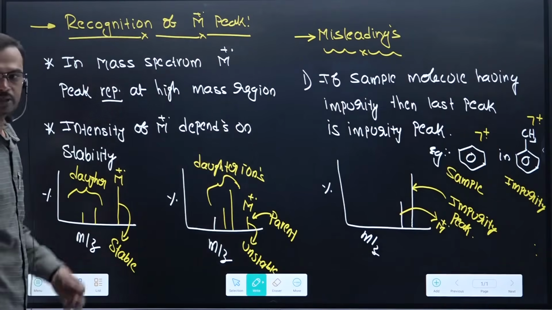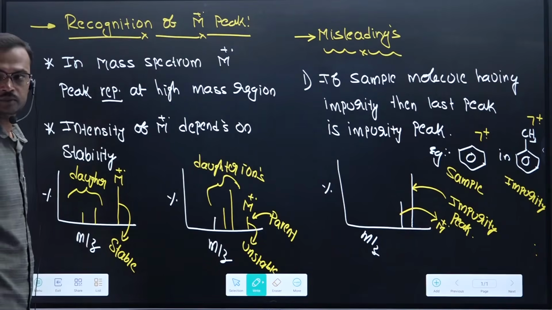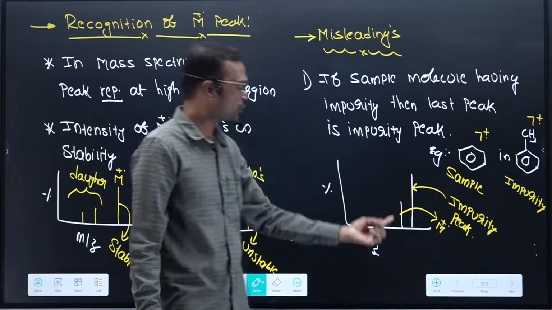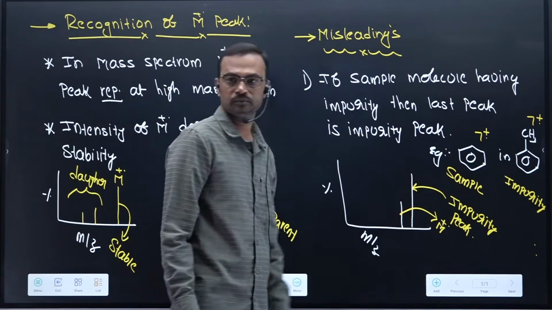What is the M value of benzene? 78. The M value of benzene is 78. So here this is not appearing at 78.